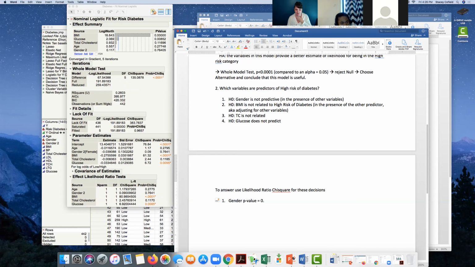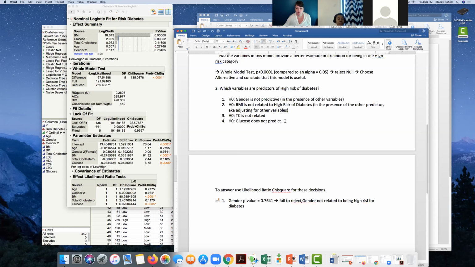Okay, it's 0.7641. So what's our decision here? Fail to reject. Yep. Gender is not related to being high risk for diabetes.